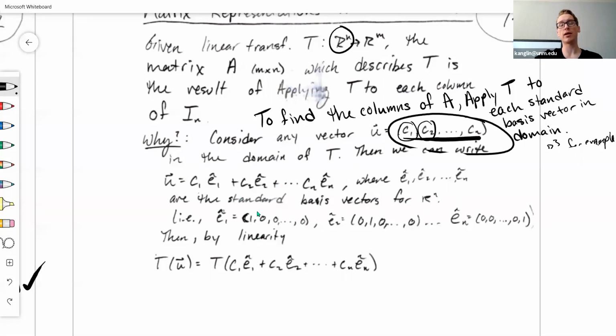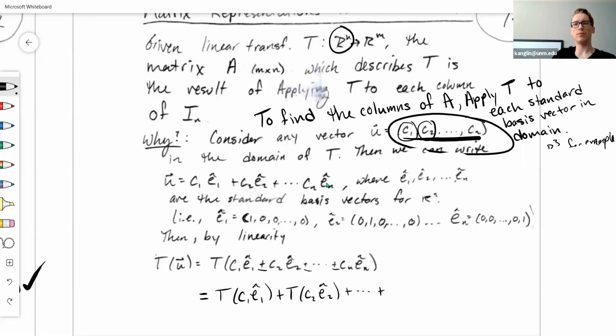Then by linearity, we get a big result. Applying the transformation to u is the same as applying it to this linear combination of those standard basis vectors. And what do we really have here? Well, by linearity, we know we can break apart the sum into a sum of the individual images, just like this.